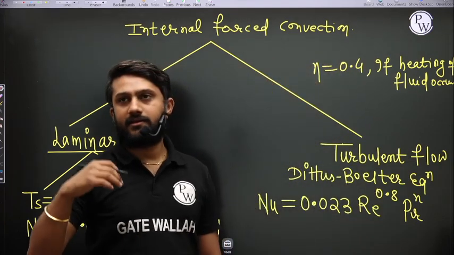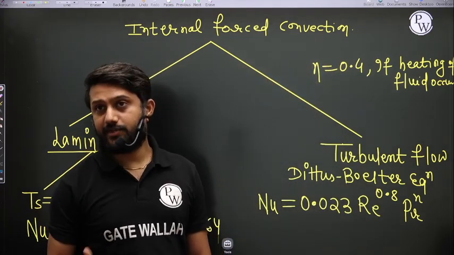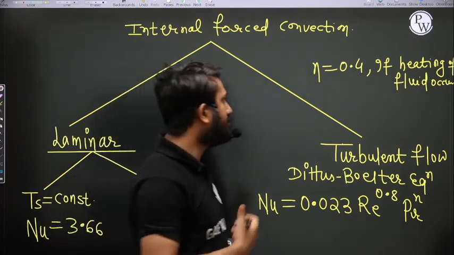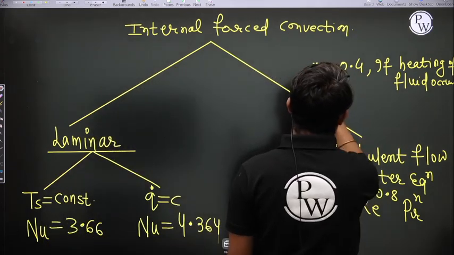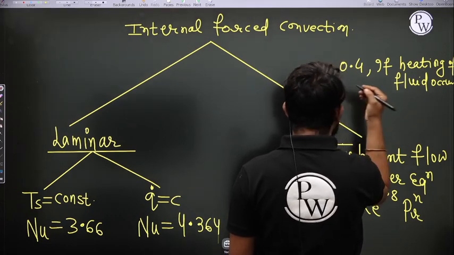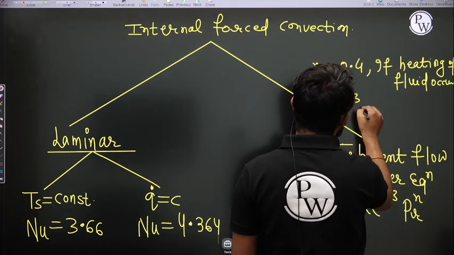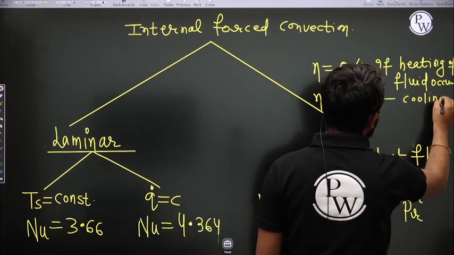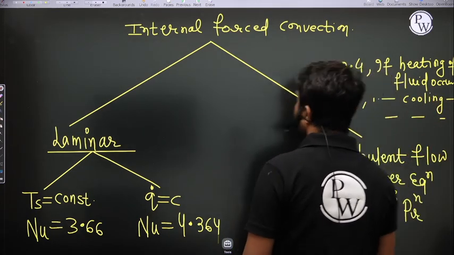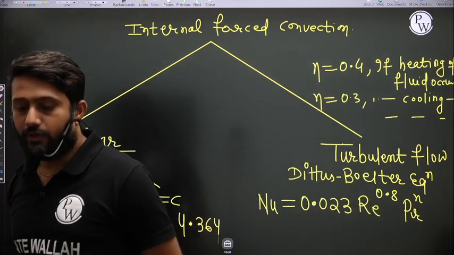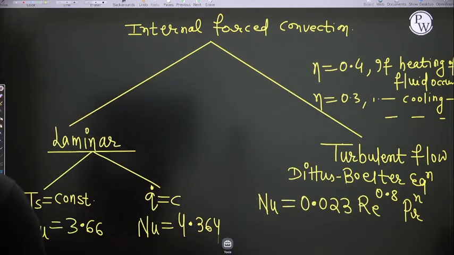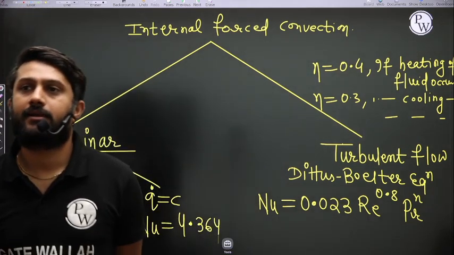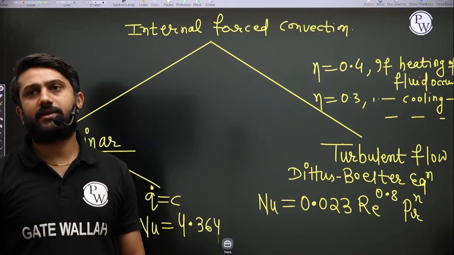The wall temperature, the surface temperature, is more as compared to the fluid temperature, so definitely heating of the fluid occurs. If cooling of the fluid occurs, then n is equal to 0.3, and if heating of the fluid occurs, then n is equal to 0.4.